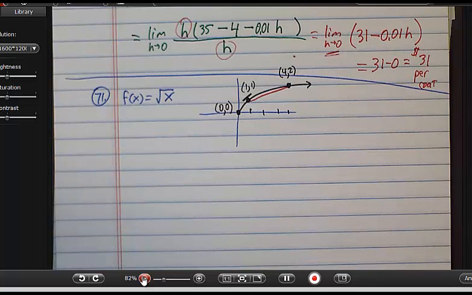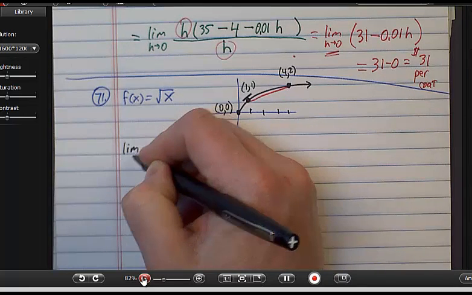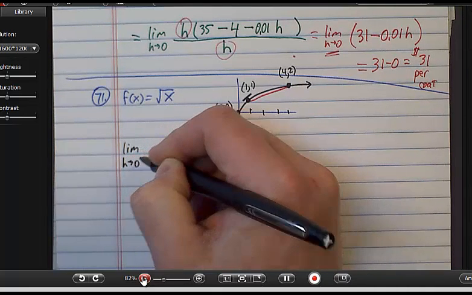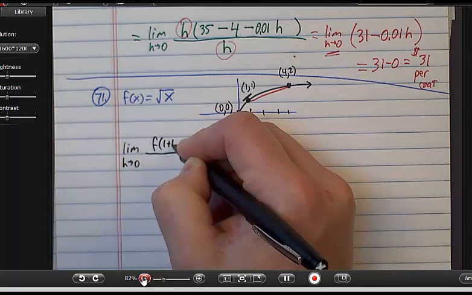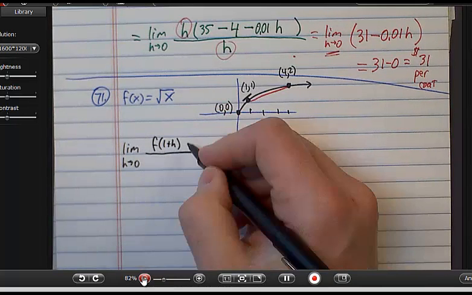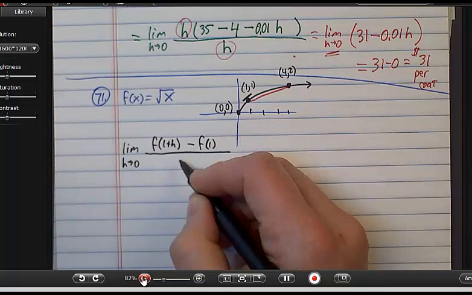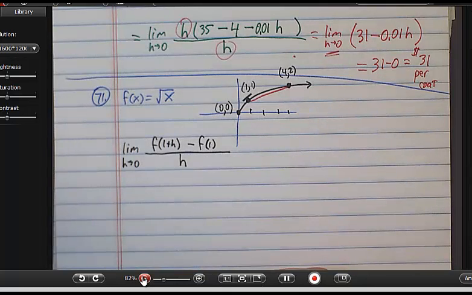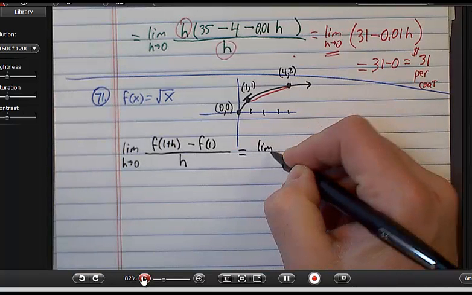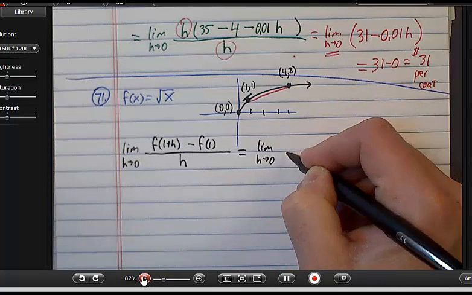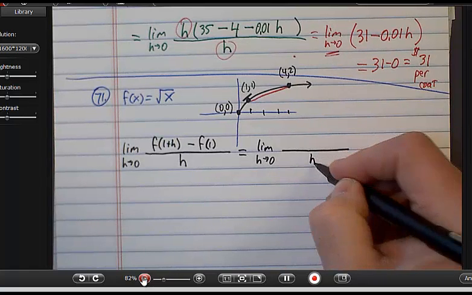So how do I do it? It says we should take the limit as h approaches 0 of f of 1 plus h, because x is 1, minus f of 1 all over h. So let's see what I get. That's the limit as h approaches 0. Well, I always put the h in first.